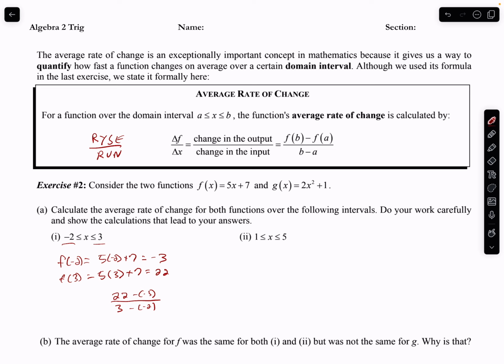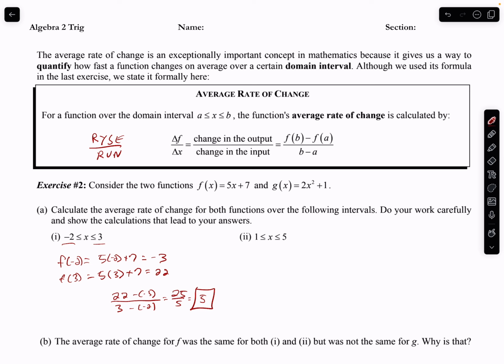Now notice how I'm using parentheses to substitute in my values here. So now what we're going to get is 25 divided by 5, which is 5. So our rate of change there is going to be 5.